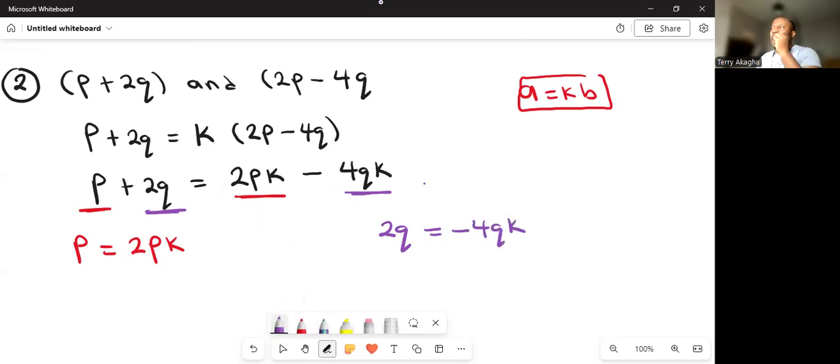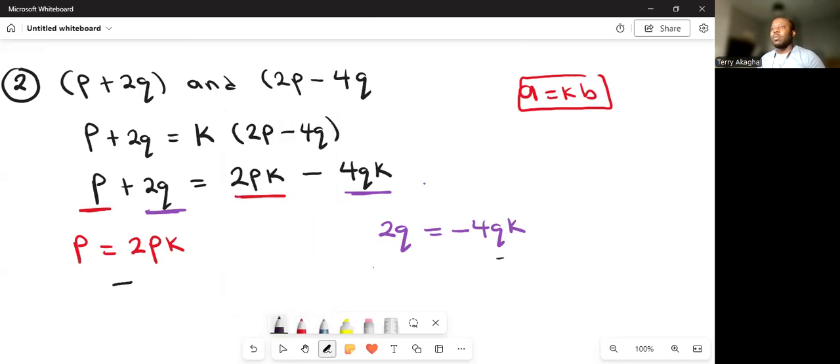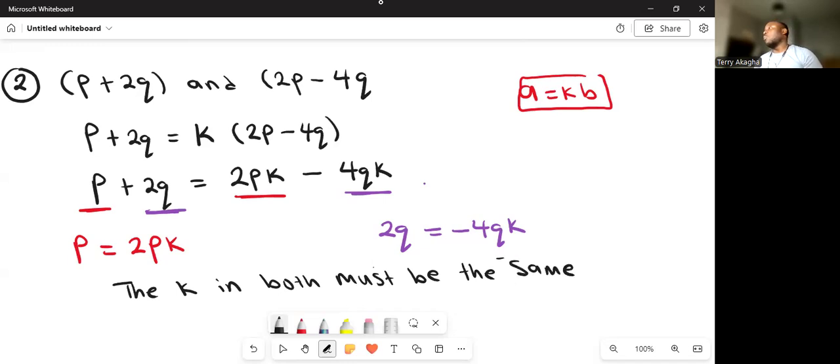And therefore, the K in both of them must be the same to be parallel.